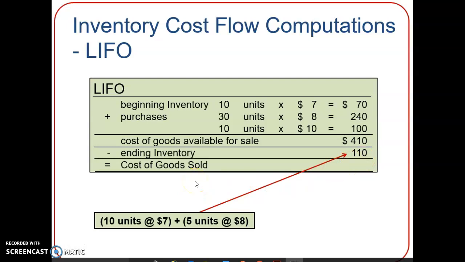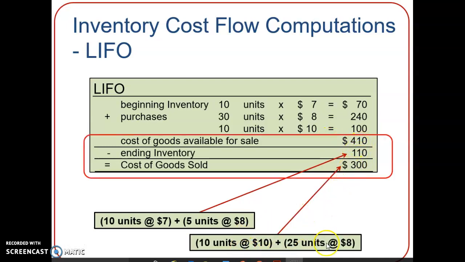Again, your cost of goods sold can be calculated either by using 410 minus 110 equals 300, or by using the definition of LIFO. LIFO says last in, first out, so what goes into the cost of goods sold? The newest ones: 10 units at $10 each, that's $100. We're looking for 35 units being sold.